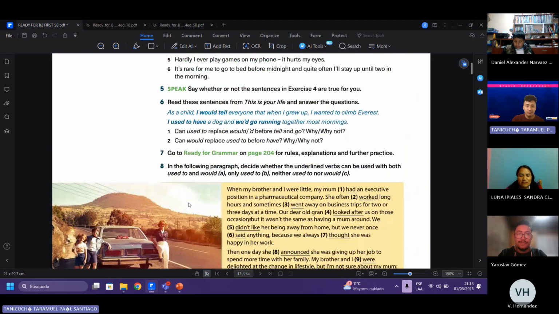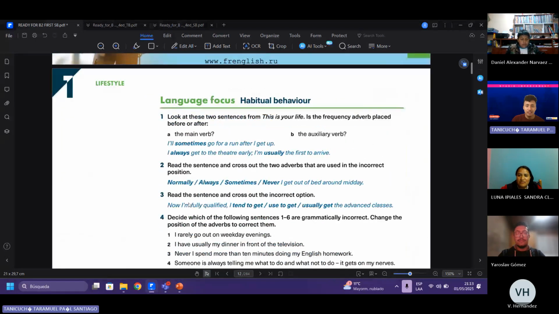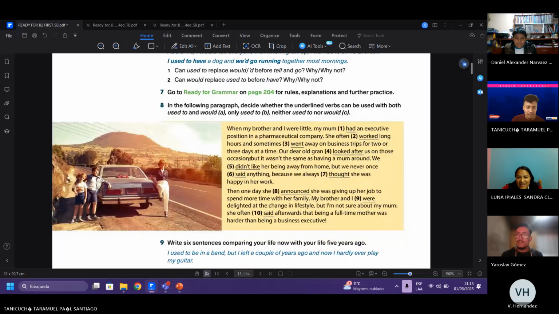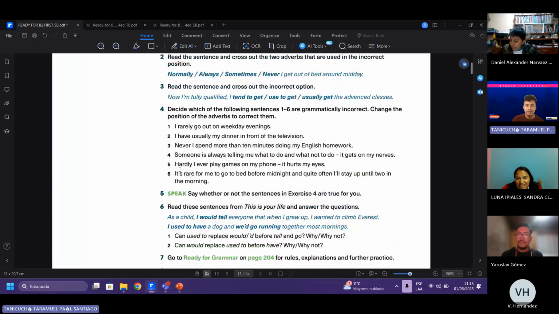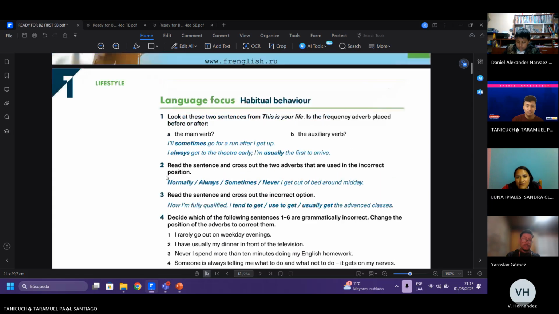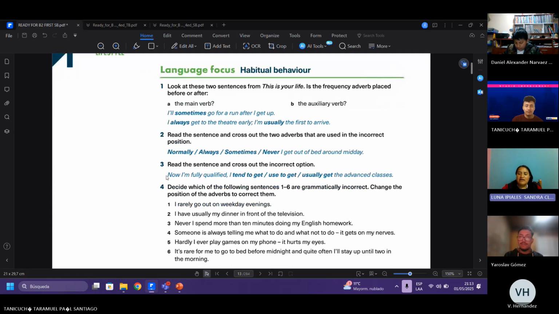6, please. Page number 6. Language focus. Okay. Are you there? Page number 6.